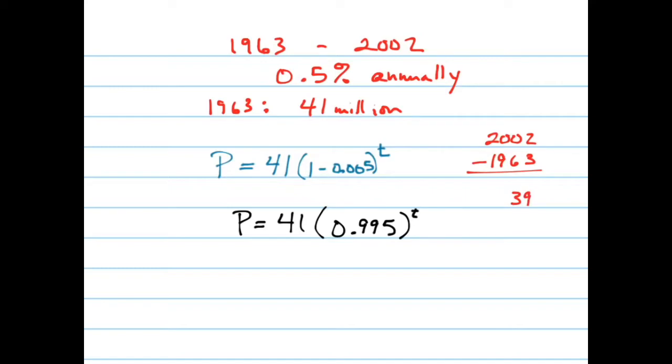So we're going to plug into our calculator P equals 41 times 0.995 to the 39th power. And we're going to round that to the nearest tenth. When we do that out, we get 33.7 million acres of ponderosa pine left in 2002. So all we have to do is plug our information into our equation where they go.